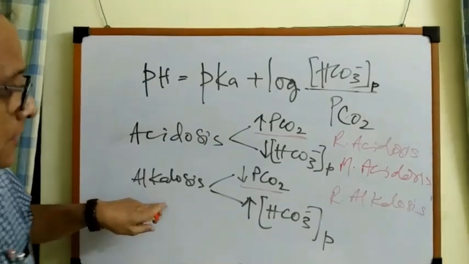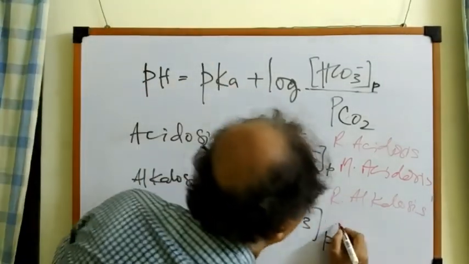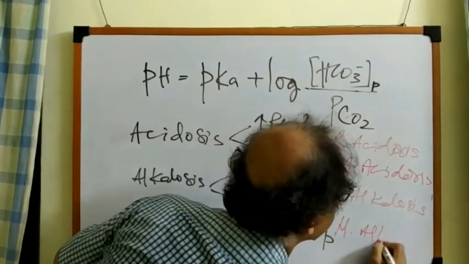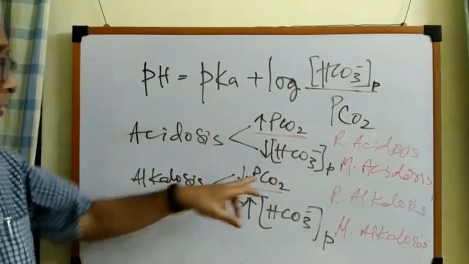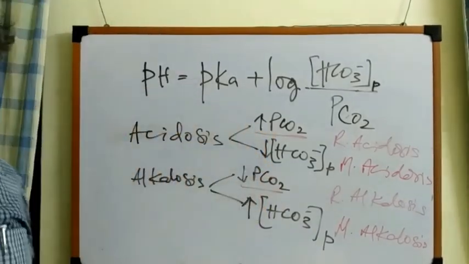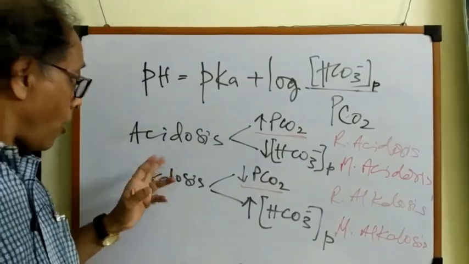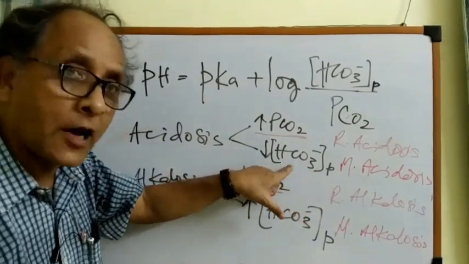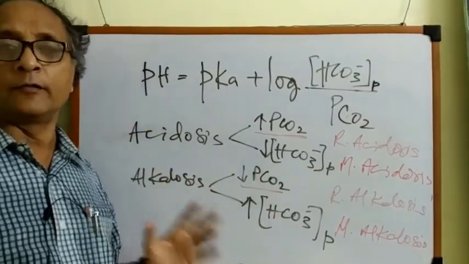And if the alkalosis is due to a rise in the bicarbonate ion concentration, then it is known as metabolic alkalosis. So if the acidosis or alkalosis is due to a change in PCO2, it is respiratory; if it is due to a change in the plasma concentration of bicarbonate, either rise or fall, it is metabolic. So it is very simple.